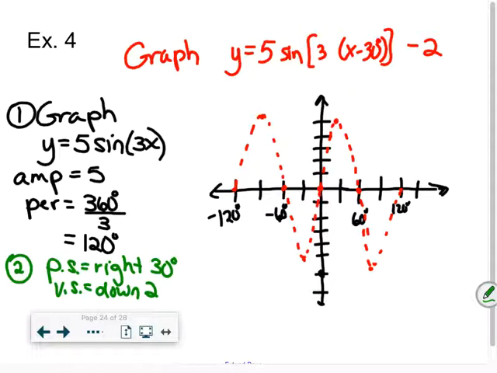Alright, so I'm going to take every point and go right 1 tick, down 2. Right 1 tick, down 2. Right 1 tick, down 2.